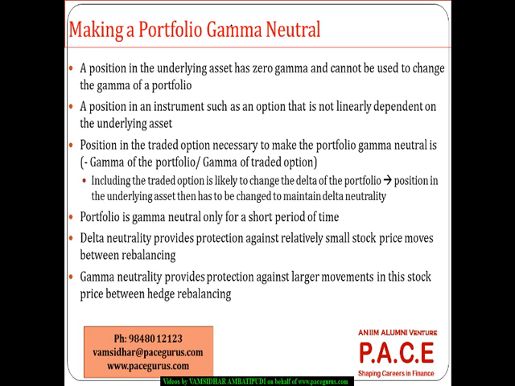If I have to make my portfolio gamma neutral, it is as good as making the position in the underlying asset having a gamma of 0. And the underlying asset will always have a gamma of 0.